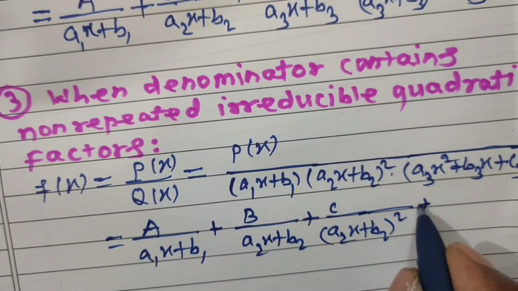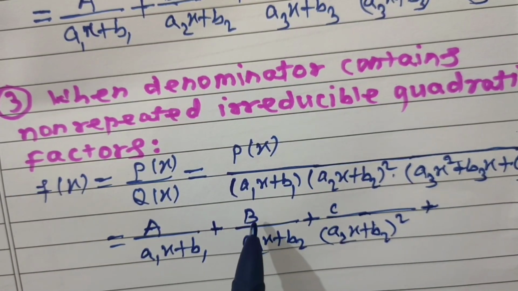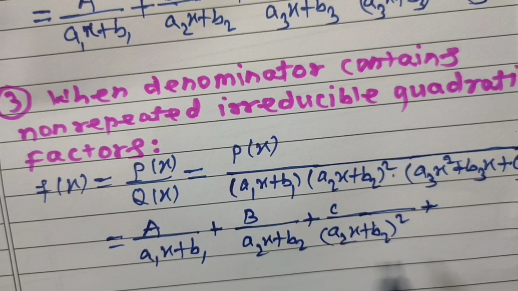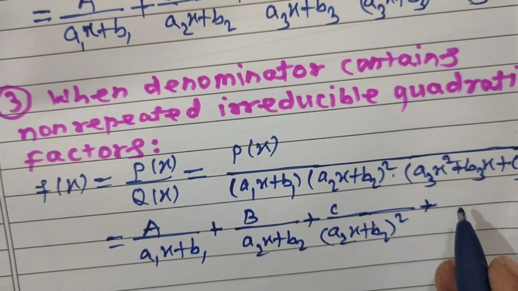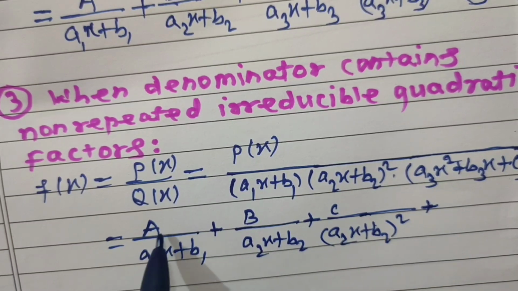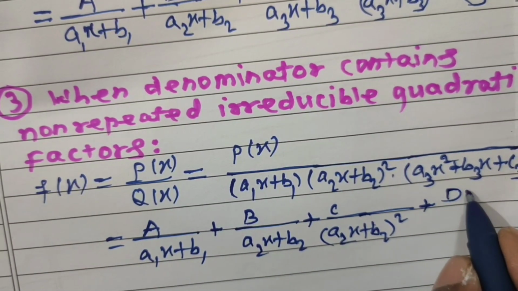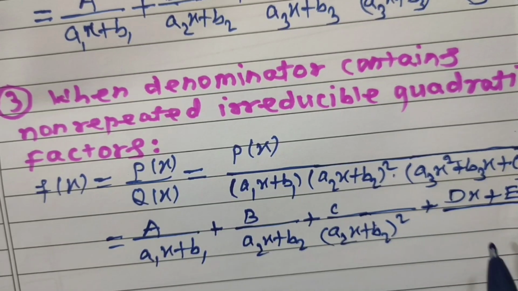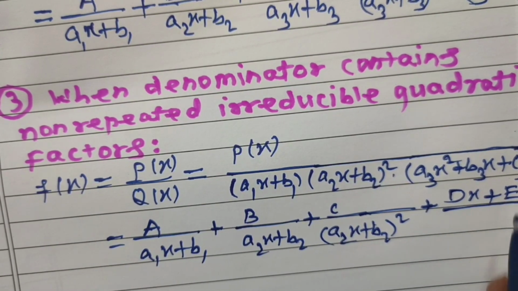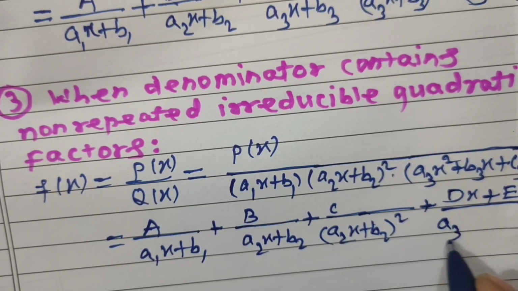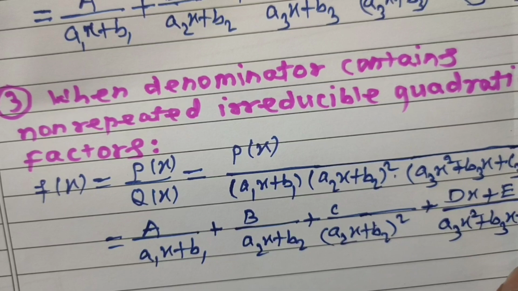Remember, when denominator is a linear factor, then numerator will be an arbitrary constant. But when denominator is a quadratic factor, then numerator must be a linear factor. So a, b, c. Next arbitrary constant dx plus e, because denominator is quadratic, numerator will be a linear polynomial, a3x square plus b3x plus c3.